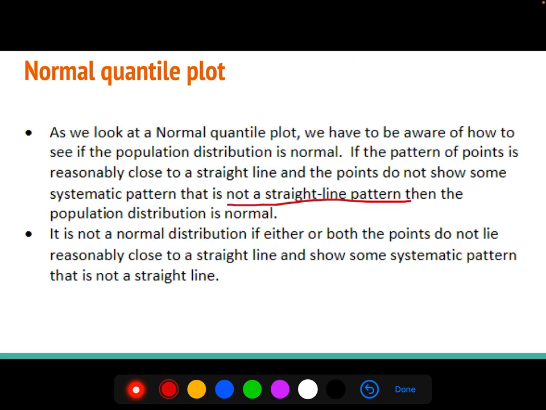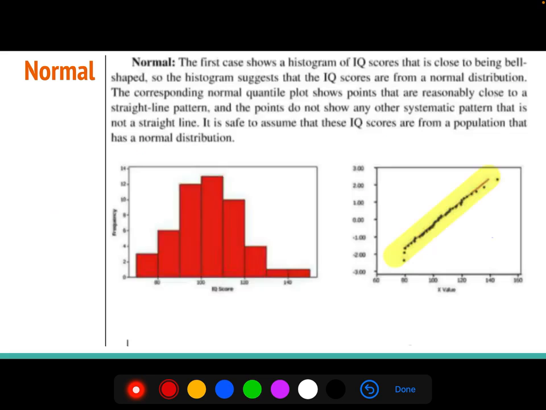So those are what we're going to do. The normal quantile plot, again, we want to see if it's a straight line pattern. If it's not a straight line pattern, then it's not going to be our normal distribution. We also want to make sure that they don't have some systematic pattern, like maybe an exponential curve or something. So again, it's picture looking right now.